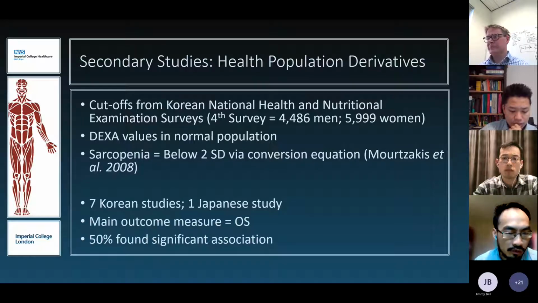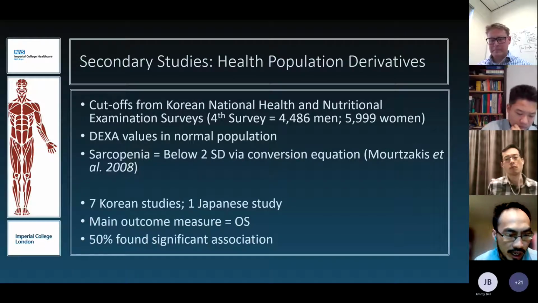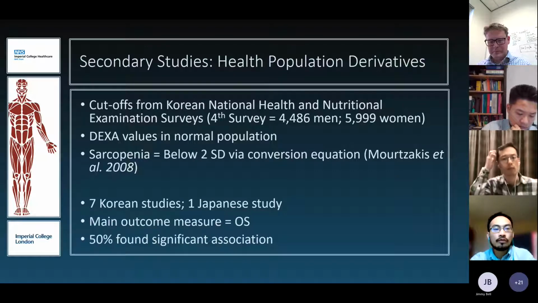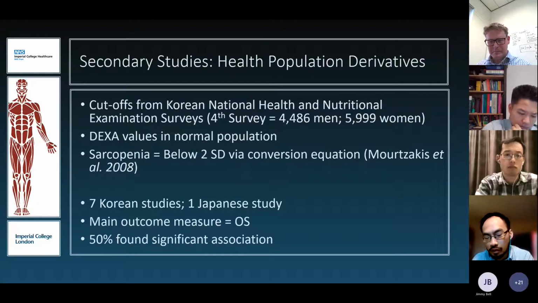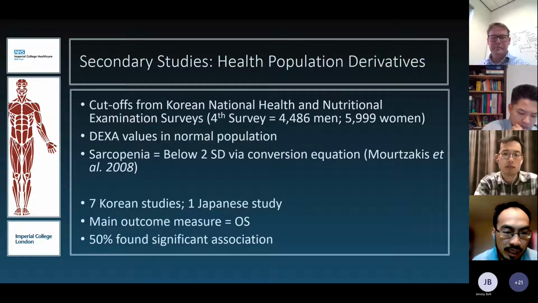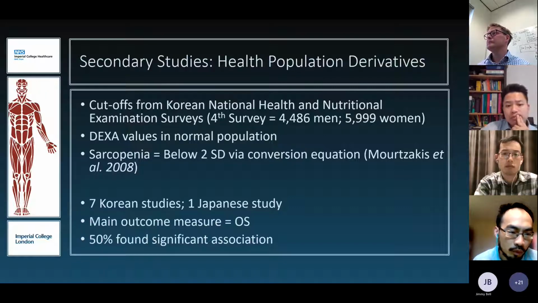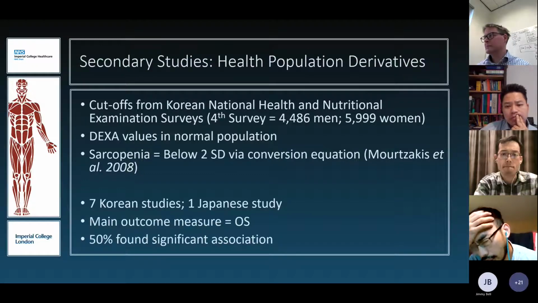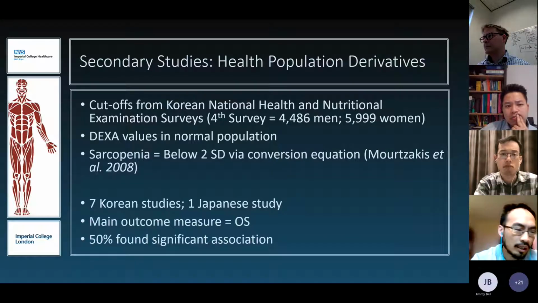There are national surveys, they measure DEXA scans, and they've used a conversion from the original 2008 Prado study, which borrows from the geriatric sarcopenia definition of 2 standard deviations below normal as being sarcopenic, and they use a conversion equation that relates the L3 to the DEXA-derived values.